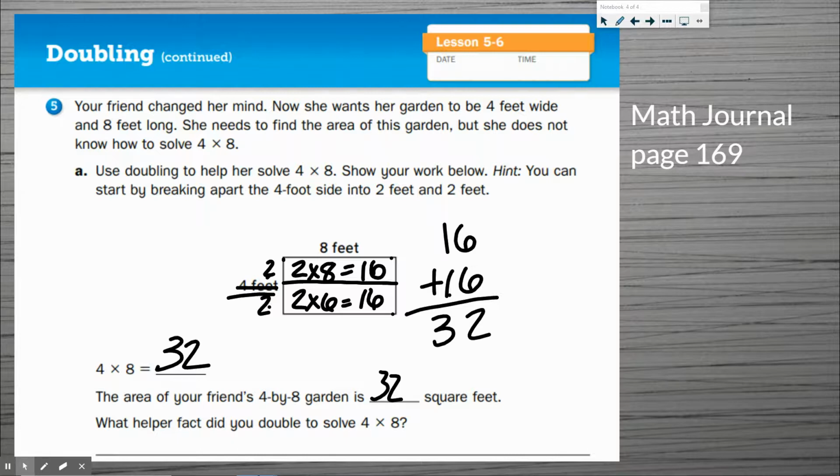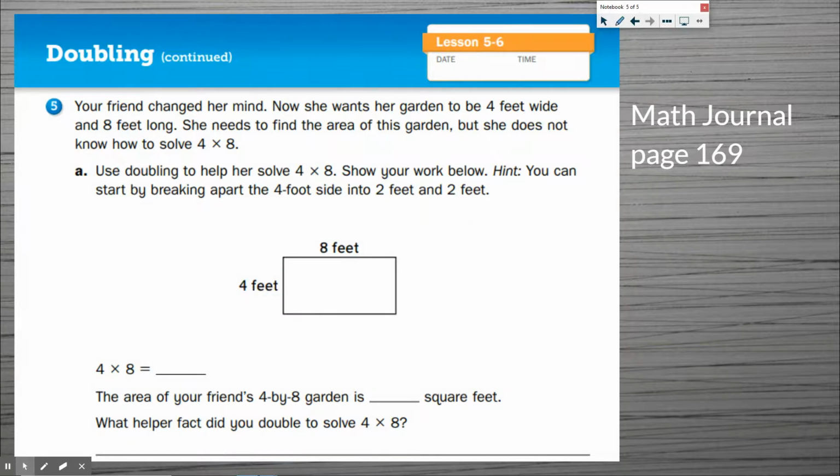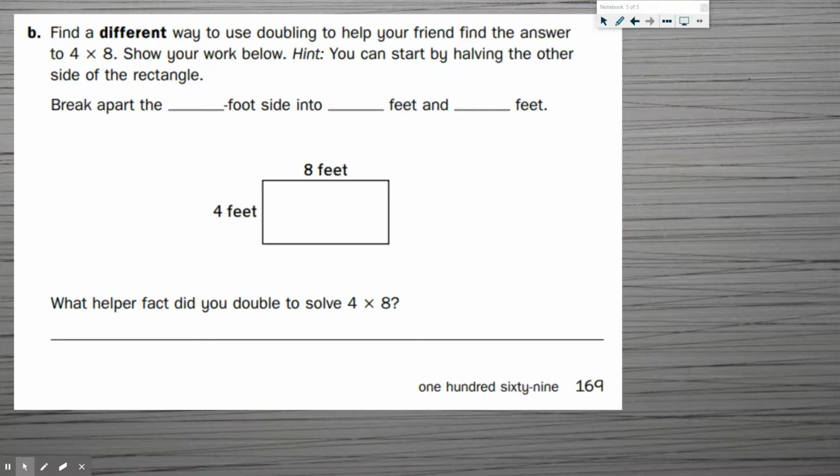What helper fact did you double to solve 4 times 8? This is our helper fact. 2 times 8 equals 16. All right, looking at the bottom of this page, it says, find a different way to use doubling to help your friend find the answer to 4 times 8. Show your work below.